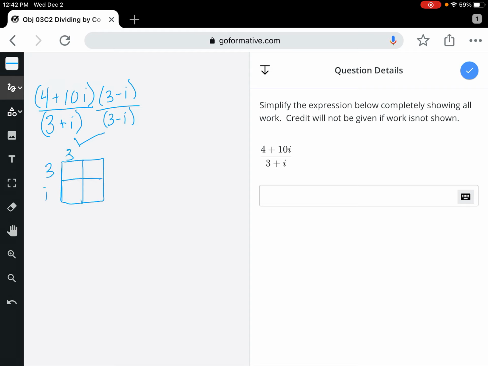We're going to do 3 plus i times 3 minus i. And then I also have another box for this one here, which is going to be 4 plus 10i, 3 minus 1i. I'm going to put 1's in front of here because it was a little bit less confusing for my students last year.